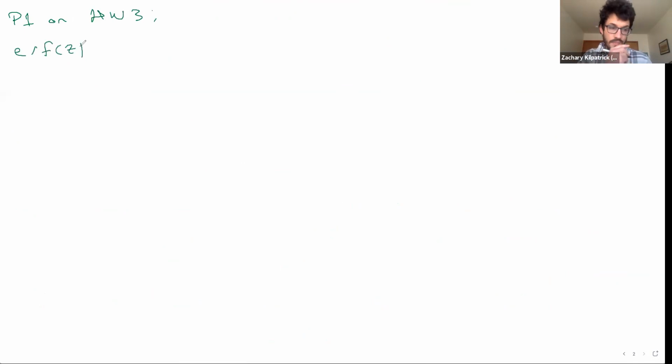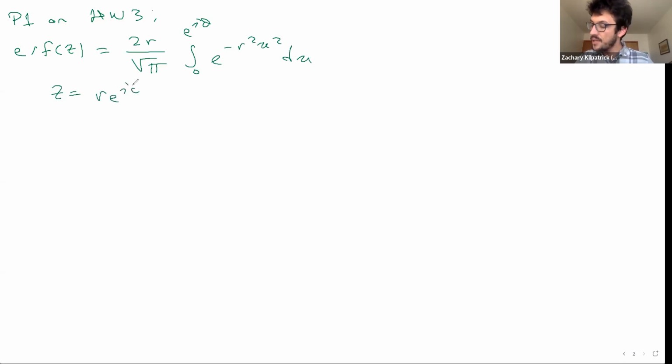The integral that you end up trying to evaluate, you can change variables and write it like this: e to the minus r squared u squared du, where z is equal to r e to the i theta. Now your thing that was large in amplitude was z, but you've changed variables so that you just have the amplitude. So now r is the thing that's large in this case.